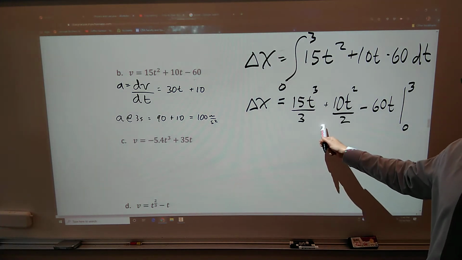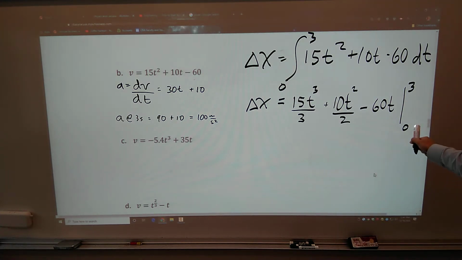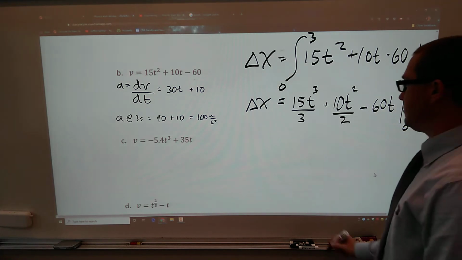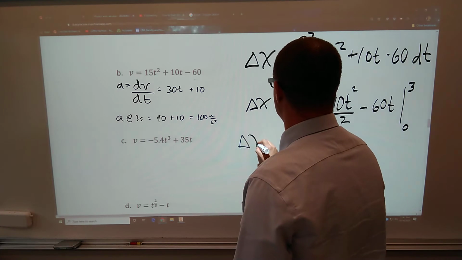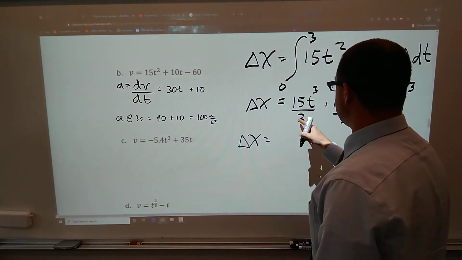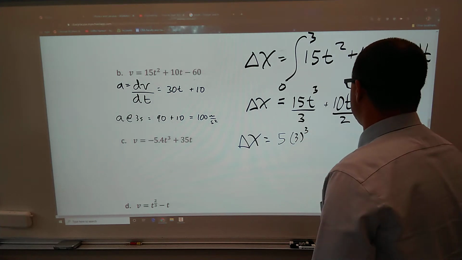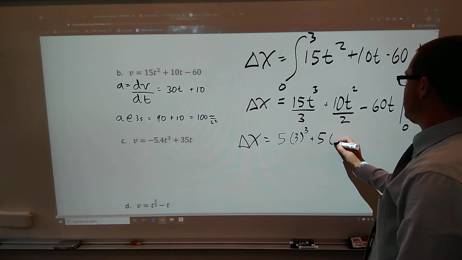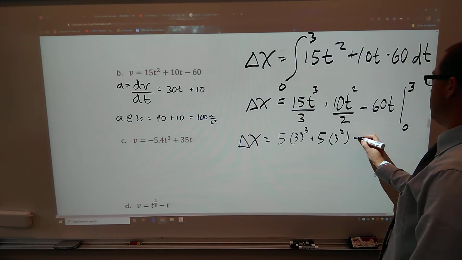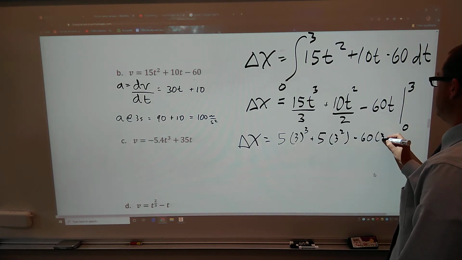So it's the antiderivative evaluated from 0 to 3. All right, so how do we evaluate it from 0 to 3? Well, delta x, this is 5 times 3 cubed plus 5 times 3 squared minus 60 times 3.